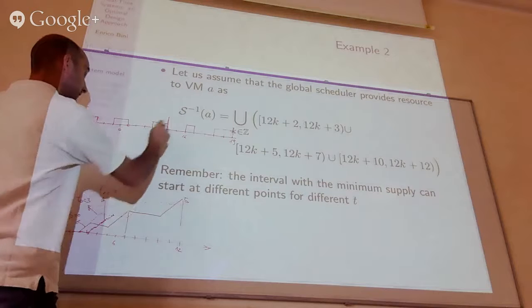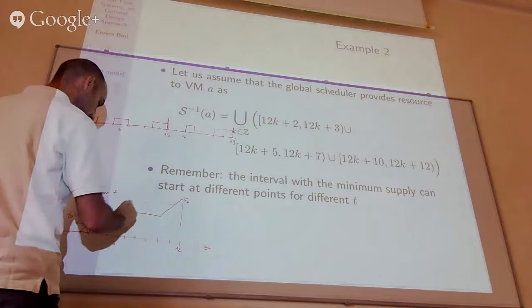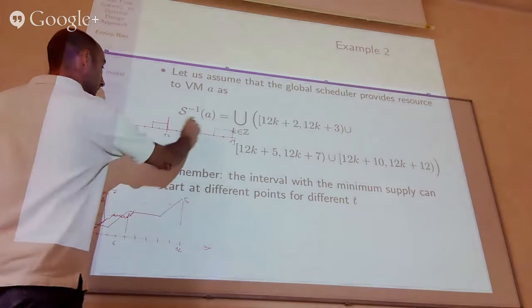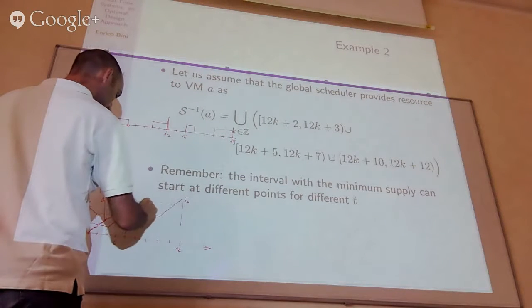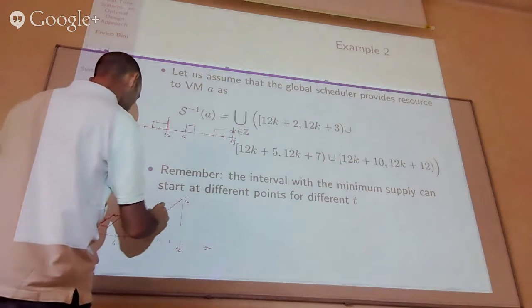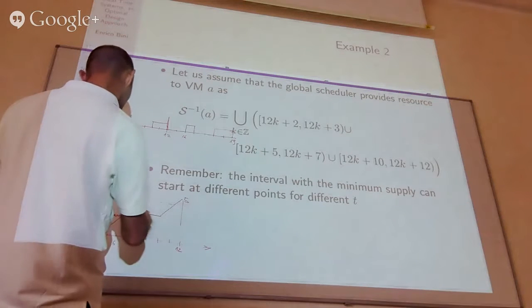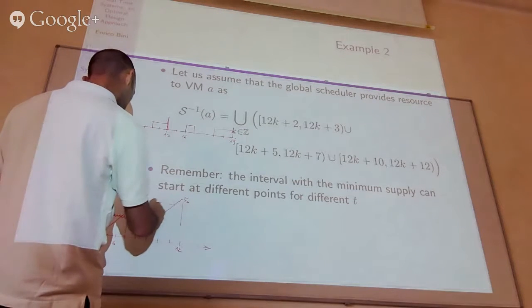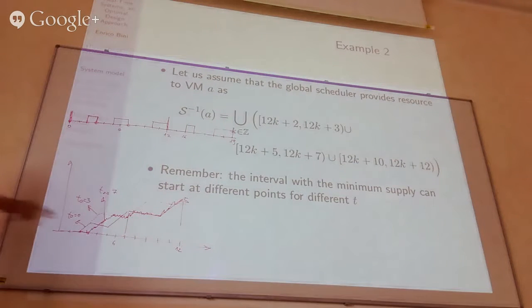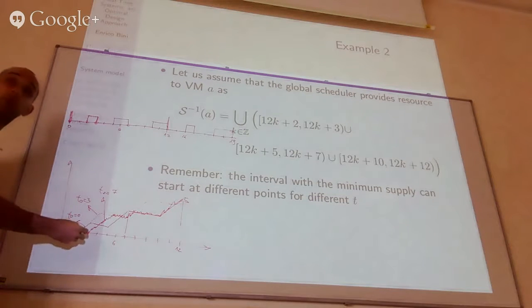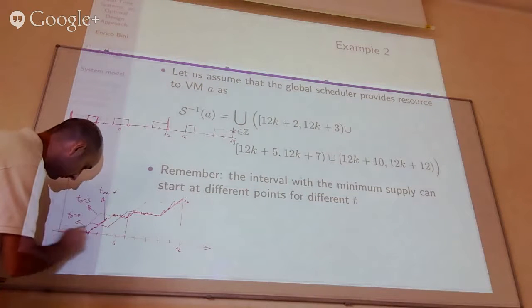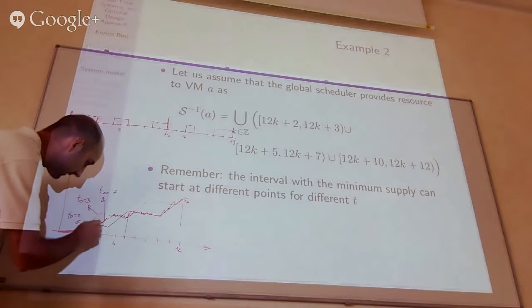So now it's flat by 2. Then it increases by 1. Then it's flat for 2 units of time. Well, maybe I'm doing it wrong. Maybe it's okay. It was supposed to be here, and then it increases here. Something like this. And you can see that here actually we have another point. So in the end we have to do the infimum. So let's conclude. So the supply bound function is this, right?